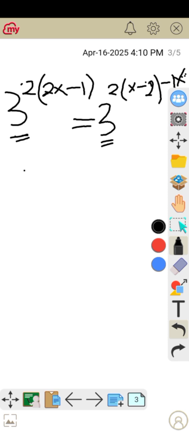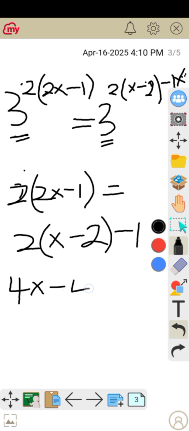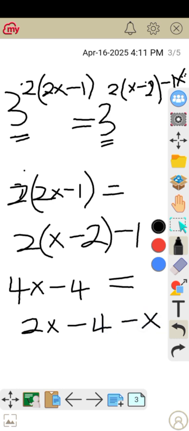Then you'll be left with just the powers, which becomes 2 into 2x minus 1 is equal to 4 into x minus 2 minus 1x.